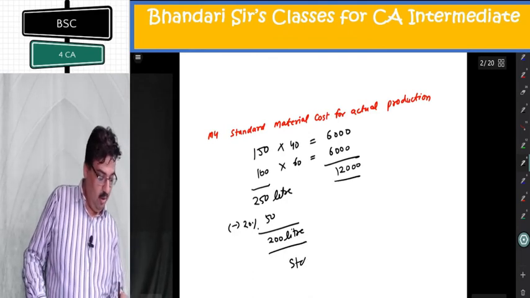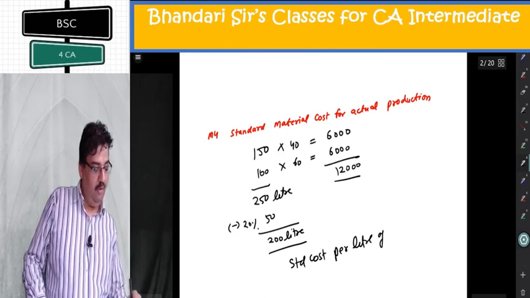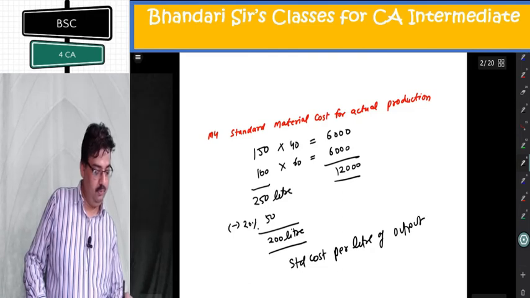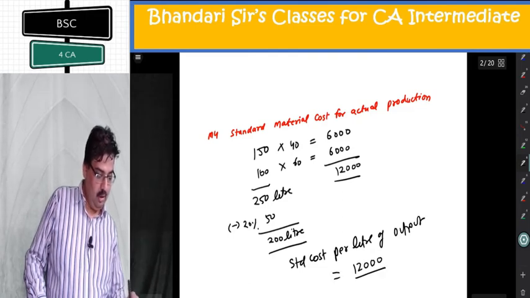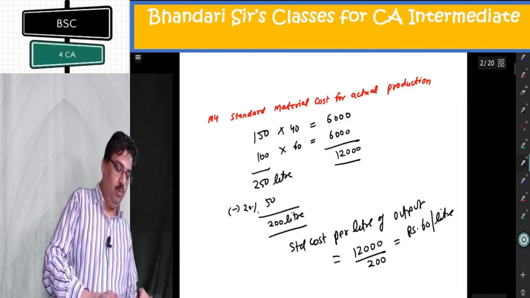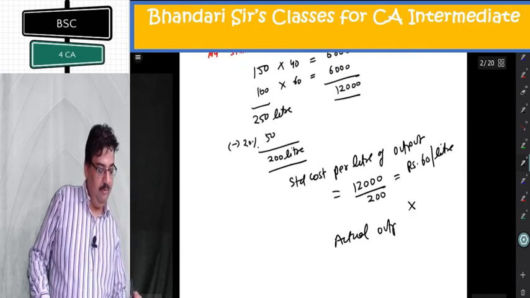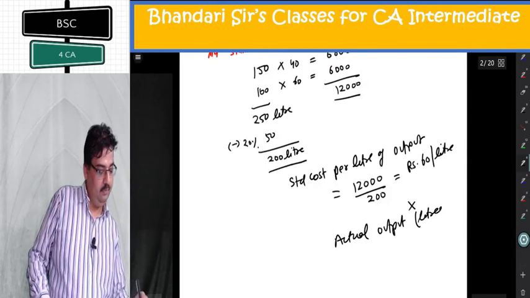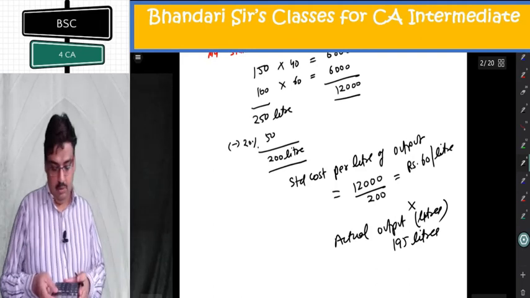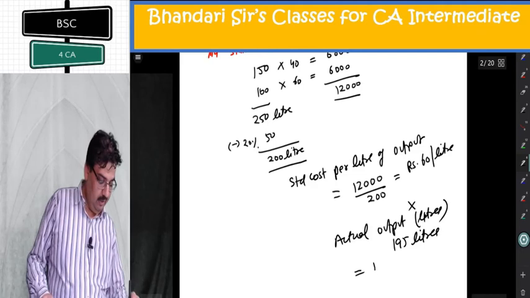So standard cost per liter of output, 12,000 divided by 200, rupees 60 per liter. Actual output is given, 195. So 60 into 195 is M4, 11,700.